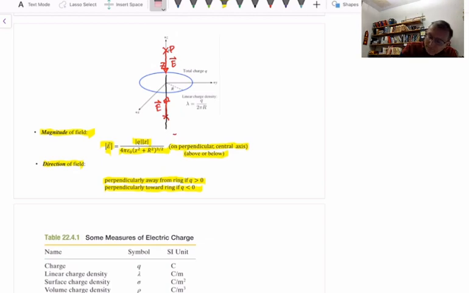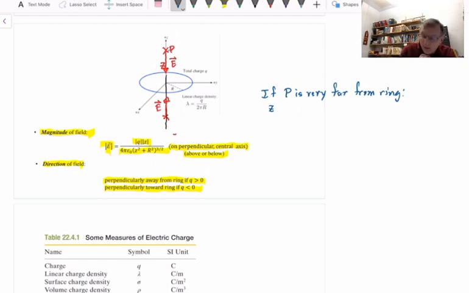If P is very far from the ring, what does that mean? It means z, let's just think of the point P being above, is much, much bigger than the only other distance that's important, which is the radius big R of the ring. If the distance z is much, much larger than the radius of the ring, it should start to look like a particle.